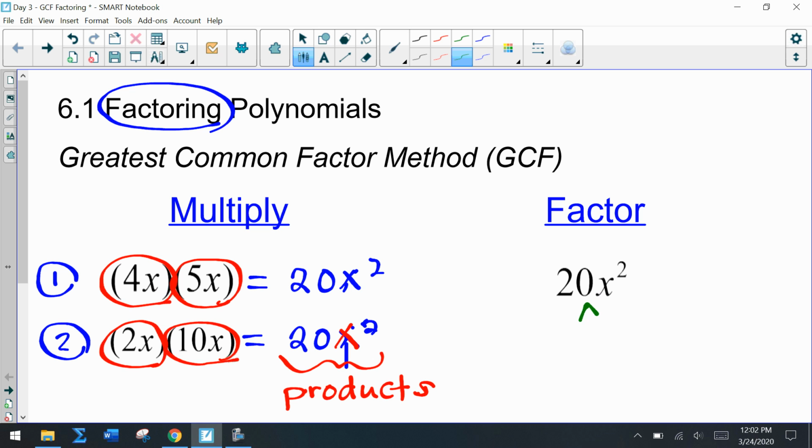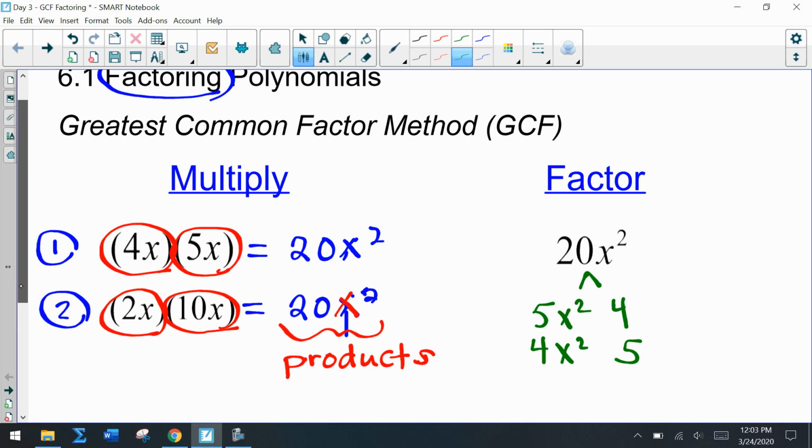So there are multiple factor pairs that we can find for 20x squared. For instance, we can use our numbers 1 and 2, or I can say, all right, how about 5x squared and 4? Those are factors of 20x squared. Or I can say 4x squared and 5.